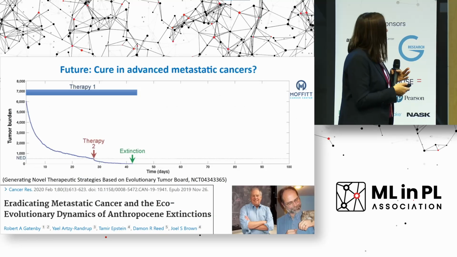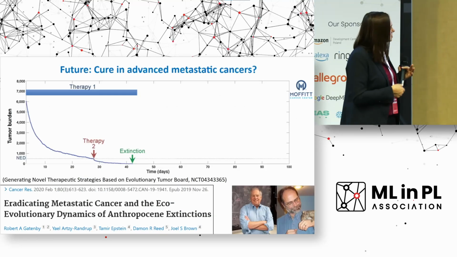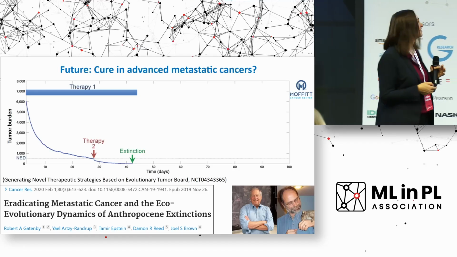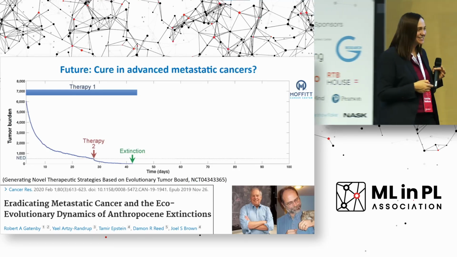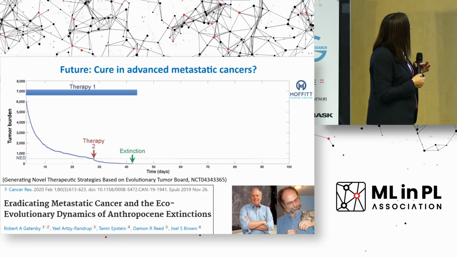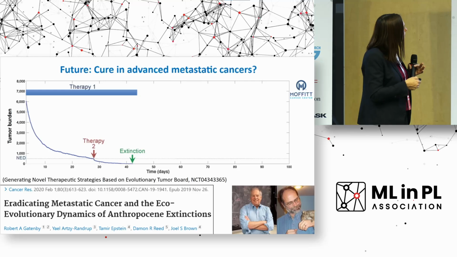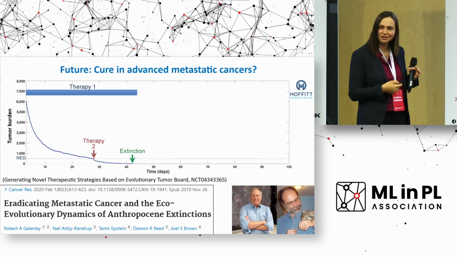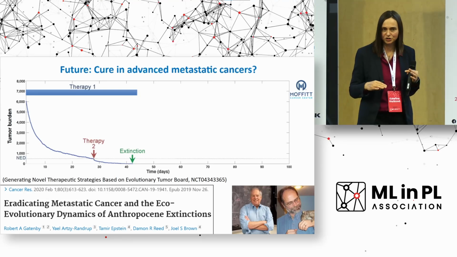While the next step is indeed, this is really a paper focusing on extinctions and the lessons we learned from them: once I really understand the system well enough, if I know that the typical trajectory is that first the tumor burden goes down, and then it goes up, then what is the moment in which I should apply some completely different treatment so that I really drive them into extinction?